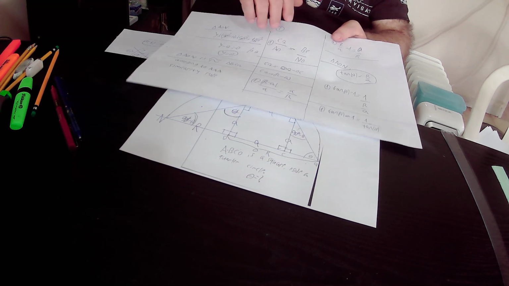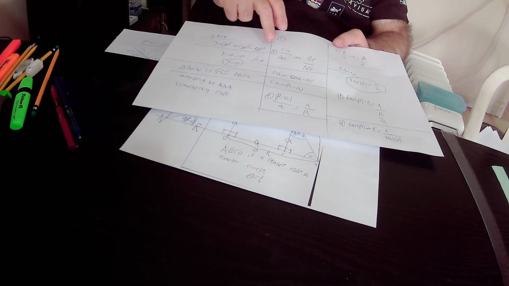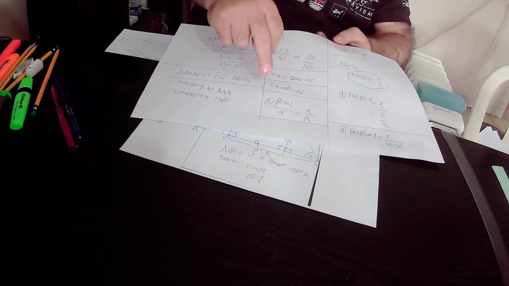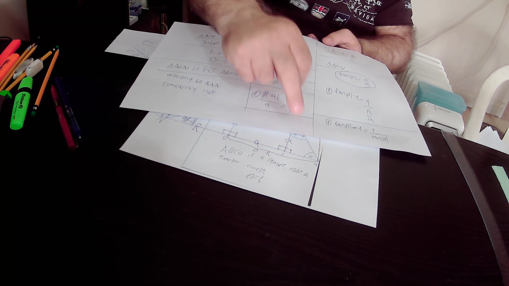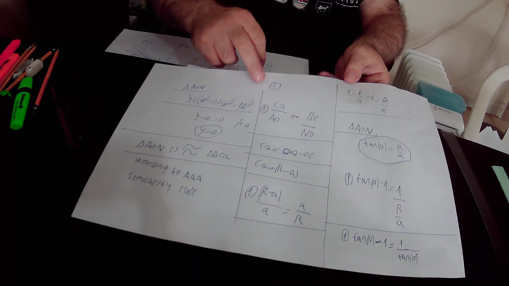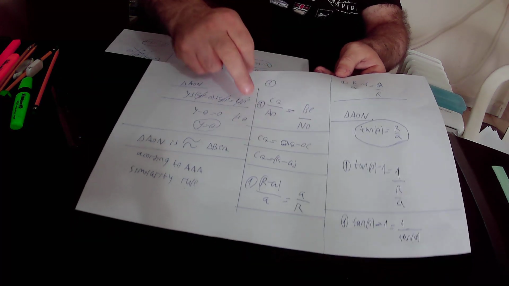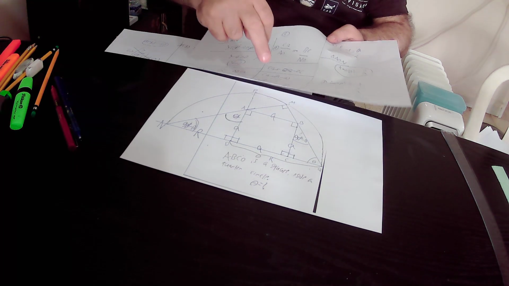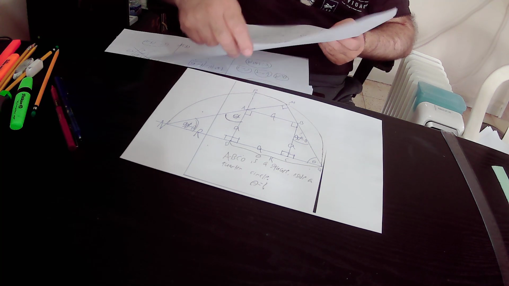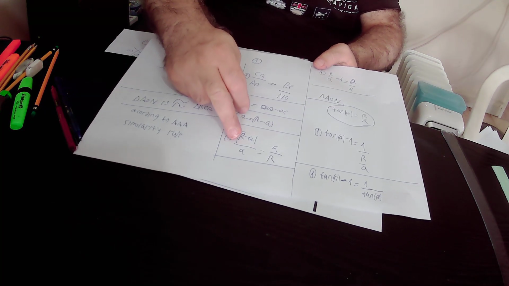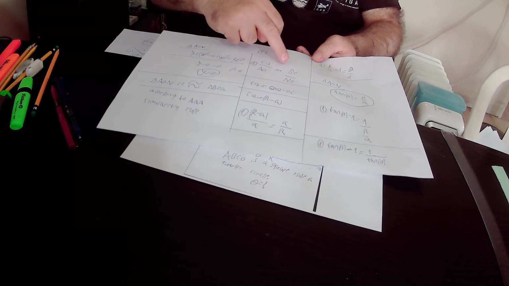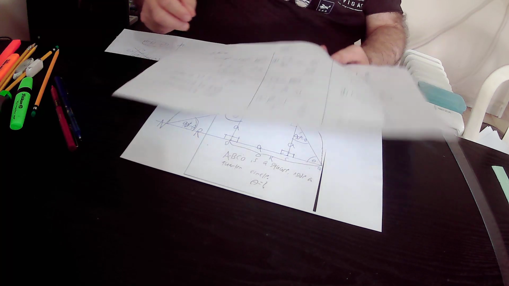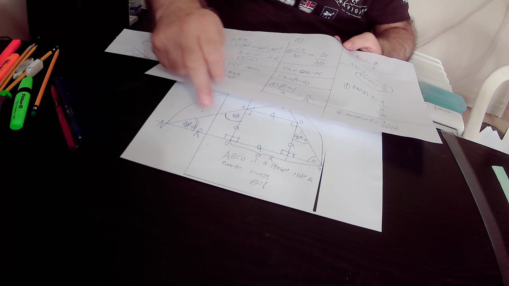OQ is the radius of the semicircle, that is to say it equals capital R. OC is equal to A. So in conclusion we found out that CQ is equal to R minus A. So we can substitute CQ in equation number 1 by R minus A. So CQ over OA, with OA equal to A, gives R minus A over A. It is equal to BC over ON. BC is also equal to A, and ON is equal to R.